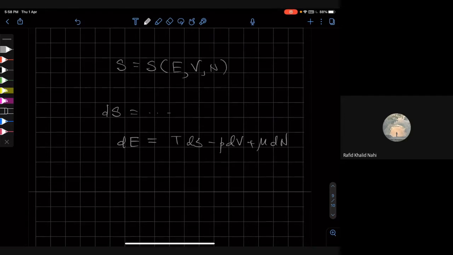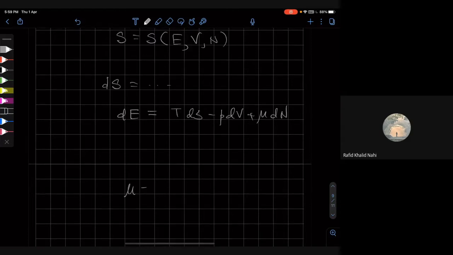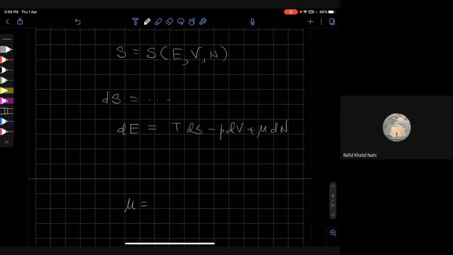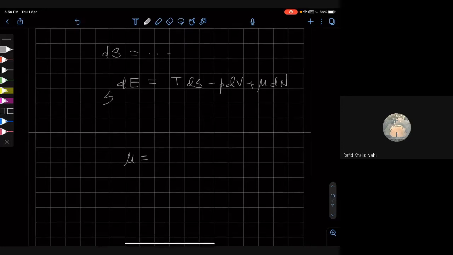Where this mu is the chemical potential. Okay, so the definition of mu is this, but from this equation, we find that mu can also be expressed as the partial derivative of E with respect to N, keeping the volume and entropy constant.